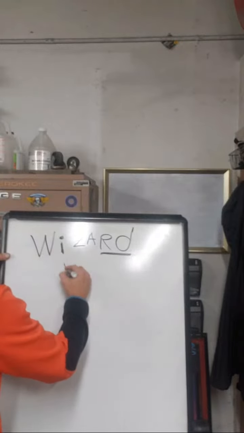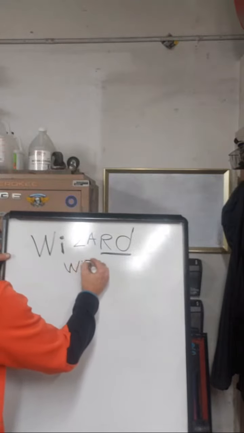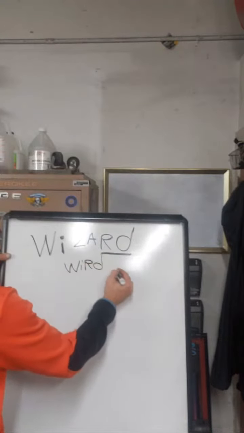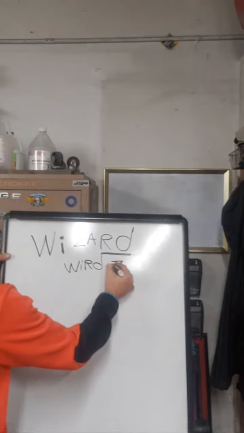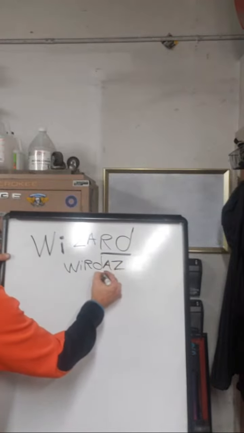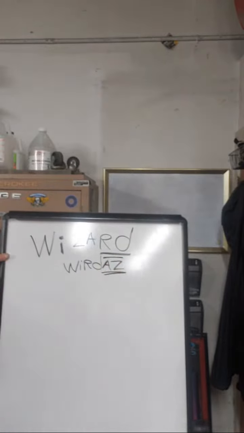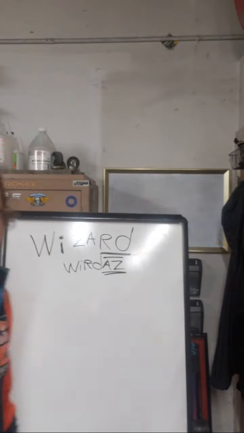But we also have word. WIRD is word, and then we got ZA or AZ. So you can look at that as Oz, because the A could also be pronounced as Oz.